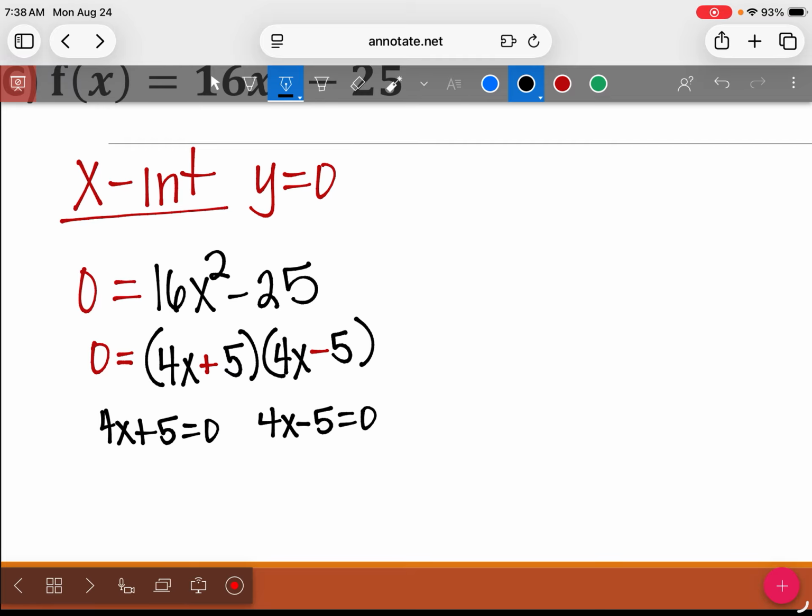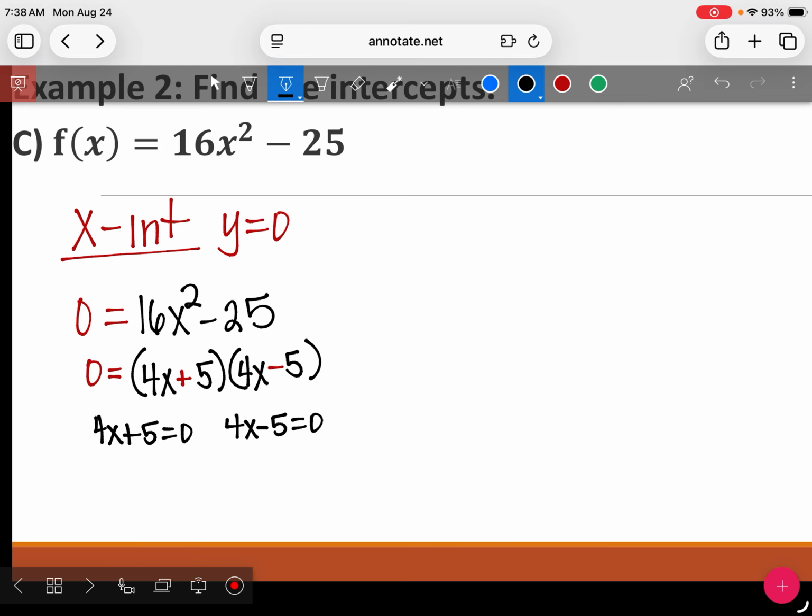So this has 2 x-intercepts. Whenever you see an exponent on that variable, that pretty much lets me know I'm looking for 2 answers. That's not always true, but many times if x is squared, then there's more than one intercept.